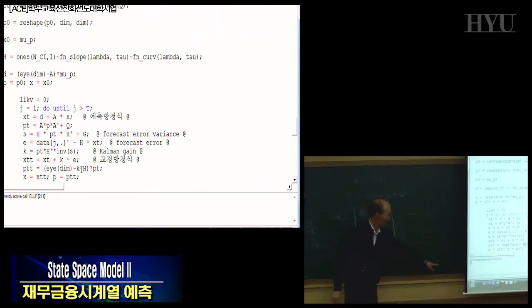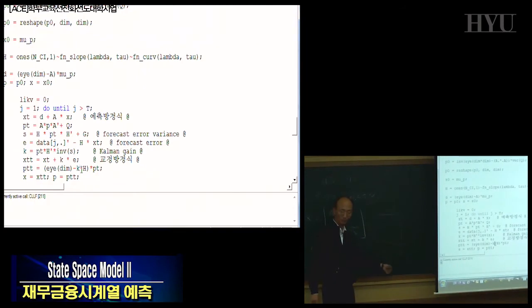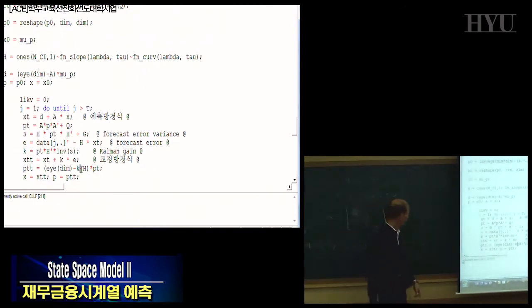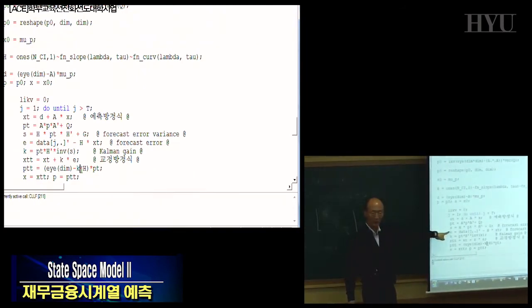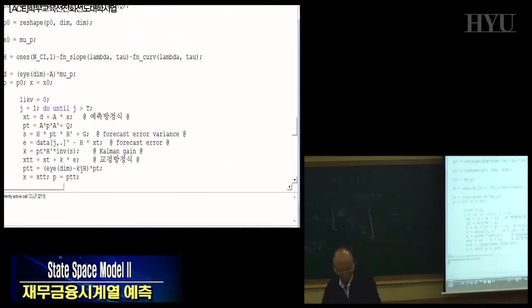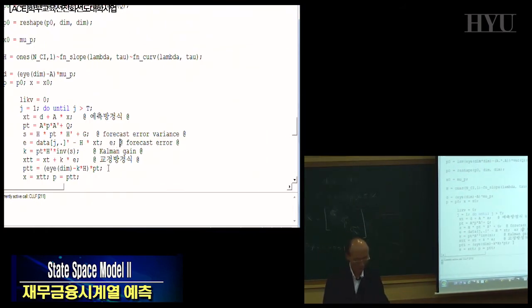So 12 by 1, when you multiply it. So 12 by 1, and then subtracting 12 by 1. So this one has to be 12 by 1. And its covariance is this one. So it has to be 12 by 12. So let's take a look at here E and S.